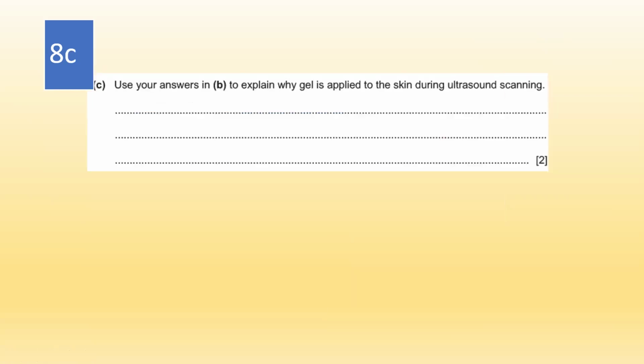Use your answer in B to explain why gel is applied to the skin during the ultrasound scanning. Without the gel, almost all of the incident ultrasound is reflected from skin.